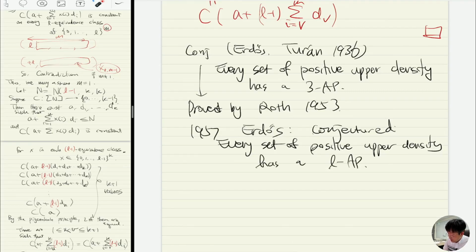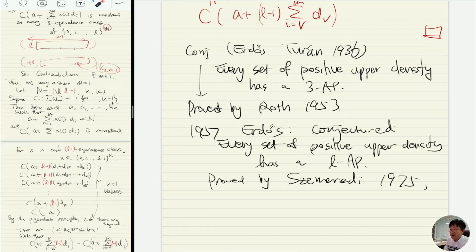Now, this was proved by Szemerédi in 1975. And this is where Szemerédi invented his famous regularity lemma, which is one of the main achievements that made him get the Abel Prize a few years ago.